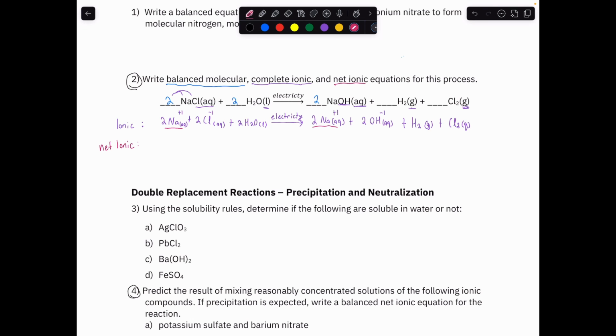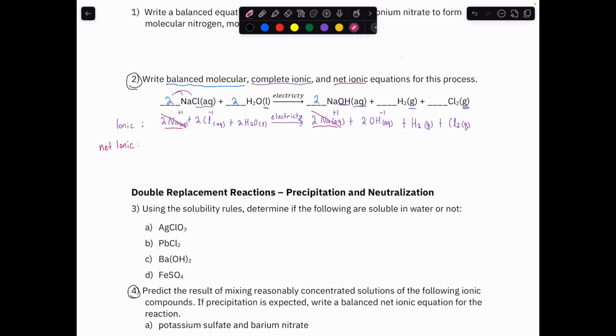Now, when it comes to our net ionic, it just means that we can get rid of the things that are on both sides of our equation. So we're going to get rid of our 2 Na aqueous. And what we're left with is 2 chlorines, 2 H2Os, 2 of our hydroxide, 2 hydrogen gas, and 2 chlorine gaseous.